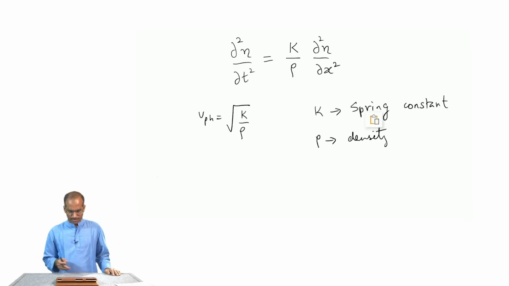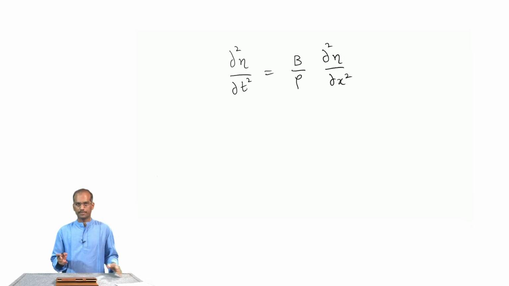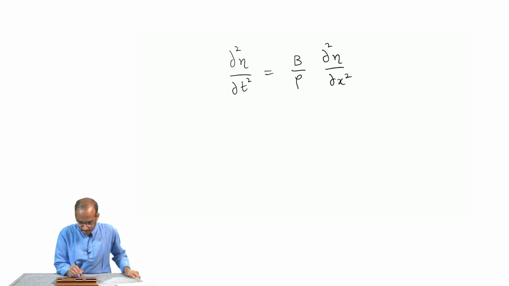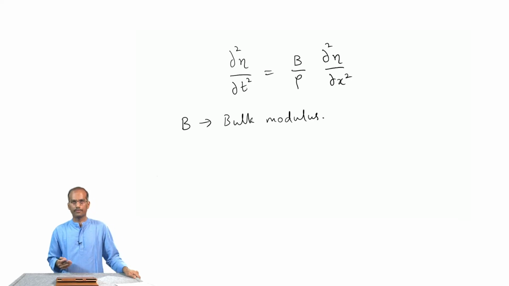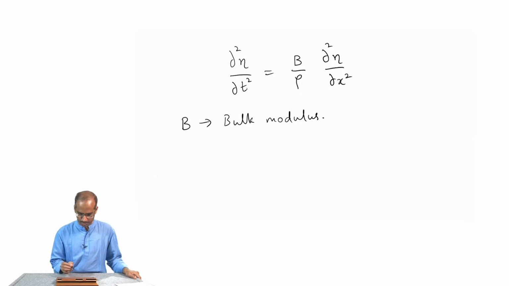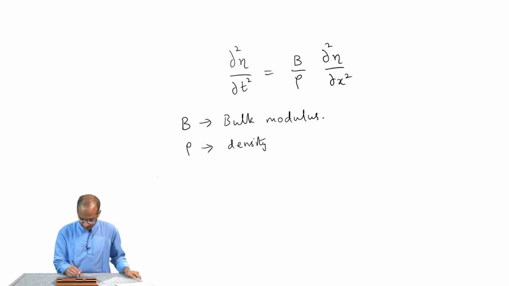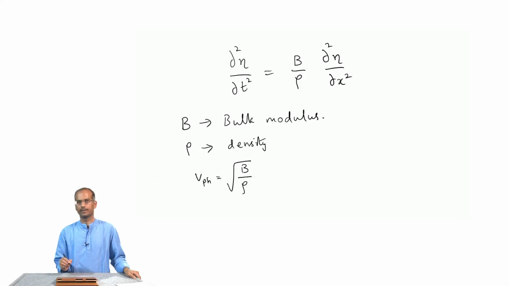Now, it is straightforward to extend this to all the cases of longitudinal waves. This is my wave equation, and B is the bulk modulus. In the previous module, I was using capital K as the bulk modulus, but since it can clash with small k being used as the notation for wave number, I have changed the notation for bulk modulus to be capital B, and the phase velocity would simply be square root of B by rho.